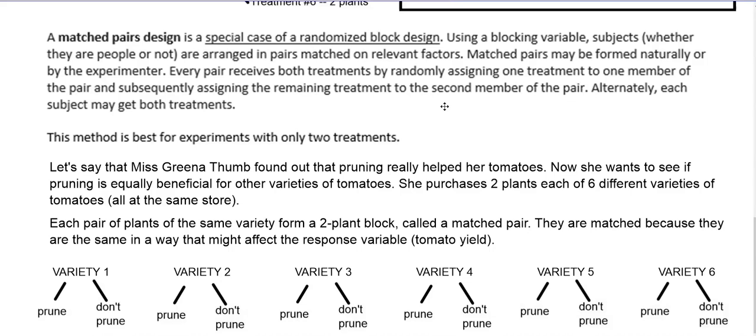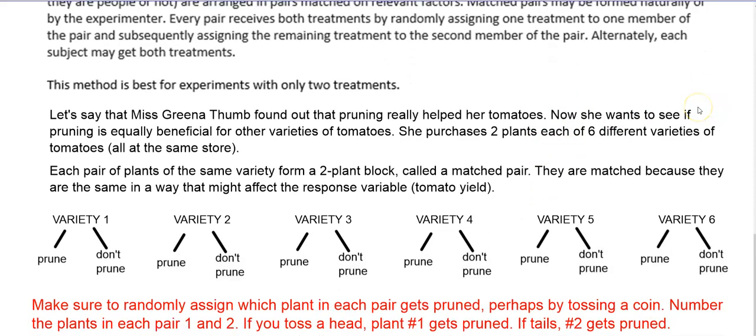So let's say that Miss Green and Thumb found out that pruning really helped her tomatoes. Now she wants to see if pruning is equally beneficial for other varieties of tomatoes. She purchases 2 plants each of 6 different varieties of tomatoes, all at the same store, so store is not an issue. Each pair of plants of the same variety form a 2-plant block called a matched pair. They are matched because they are the same in a way that might affect the response variable, which is tomato yield.